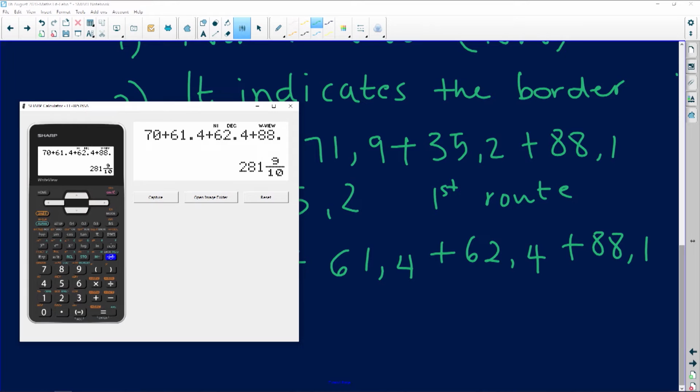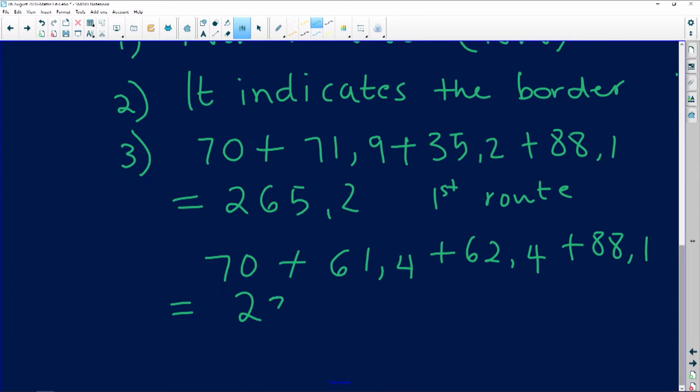281, and then it gives me that fraction. So I press change there and change again, and it gives me 281.9. That's the second route, okay? It means that my conclusion was correct from the onset.